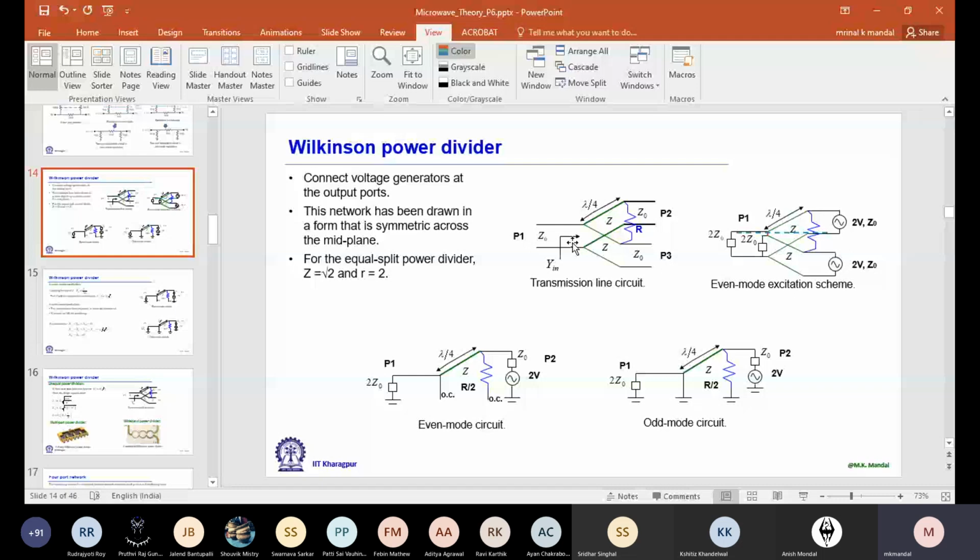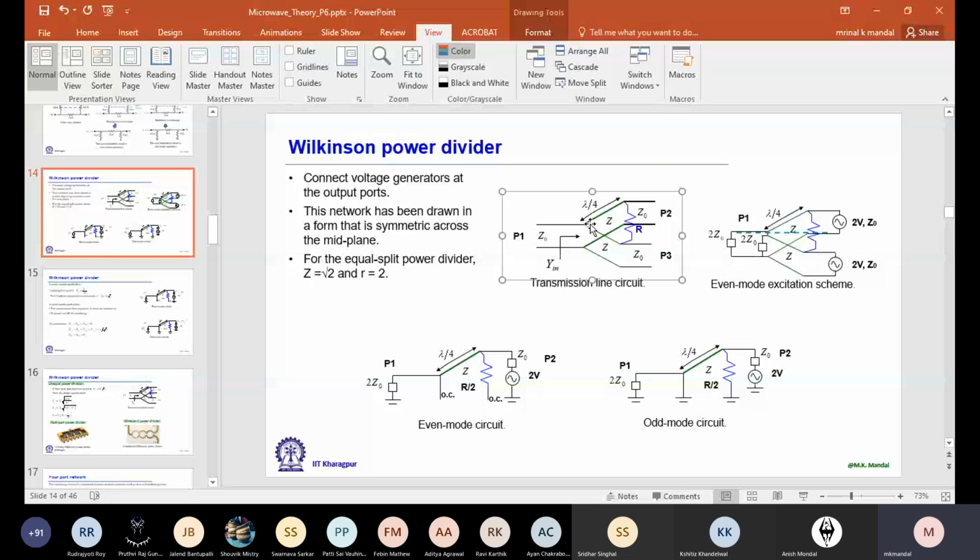Now, for a 3-port Wilkinson power divider, if I can use the left side input impedance as a combination of twice Z0, then we have a plane of symmetry. So this is the original circuit, output side Z0, input side also Z0. Now instead of feeding it from the left hand side, we are feeding it from the right hand side, just to find the value for Z and R.